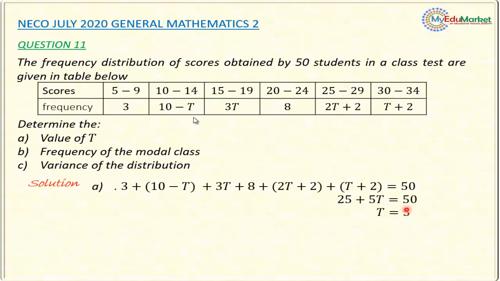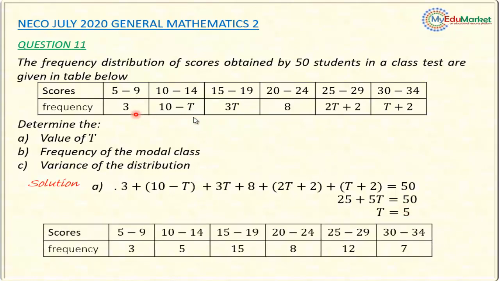So I'm going to use it to find the actual frequencies. The table will now look like this after using t as 5. For 5 to 9, the frequency is 3, I just copied it. The frequency 10 minus t is now 10 minus 5, which is 5.